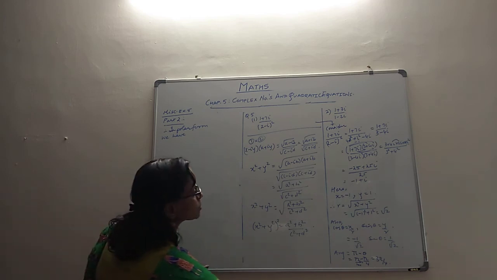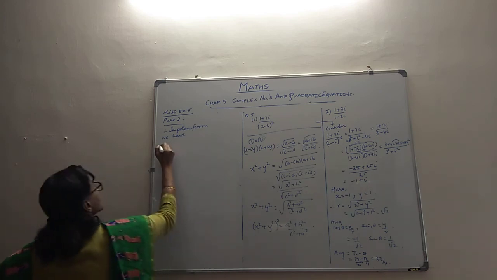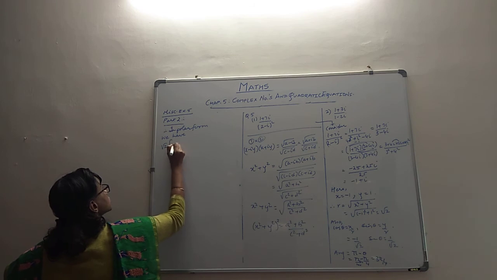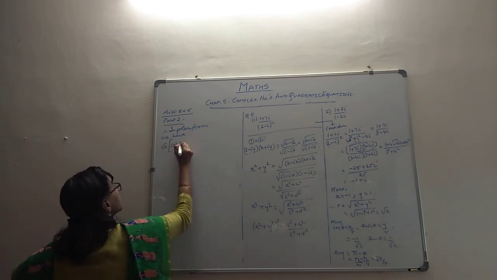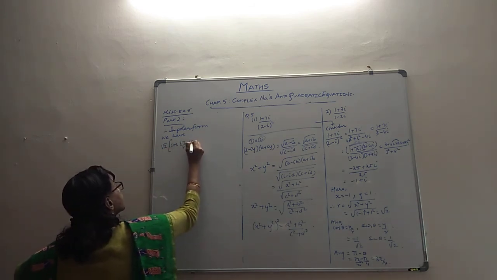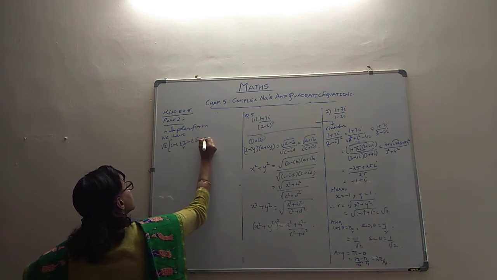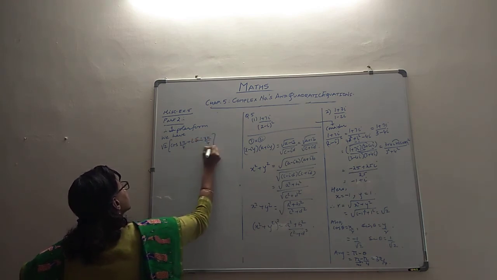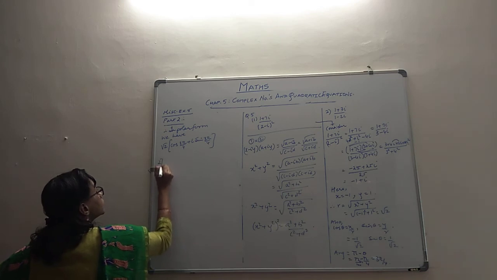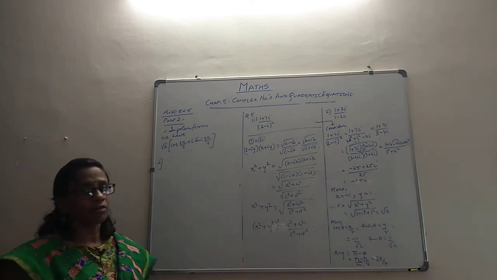So r is root 2 times cos of the argument 3 pi by 4 plus i times sin of the argument 3 pi by 4. So that is about our problem number 5 subpart 1.